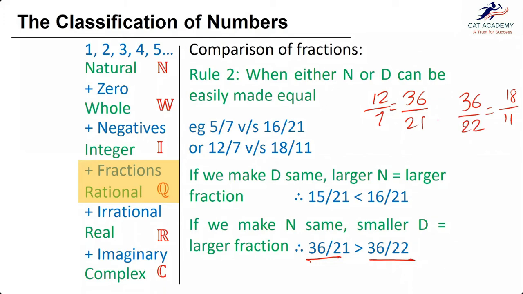Now both are equal size cakes. One is cut into 21 pieces, the other into 22 pieces. So the one cut into 21 pieces should have a larger portion size. The lesser my number of pieces, the larger the portion size. Correct? So that is my rule number 2.